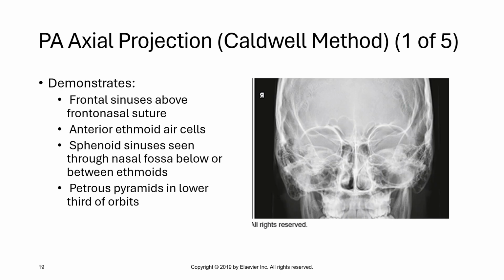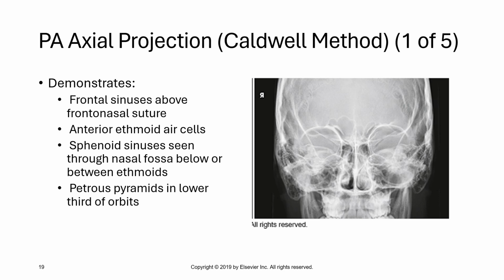Okay. Your Caldwell method, now we're going to go to a PA projection, and you're going to see the frontal sinuses above the frontonasal suture. Okay. And so that relies on that 15-degree caudal angle to do that.